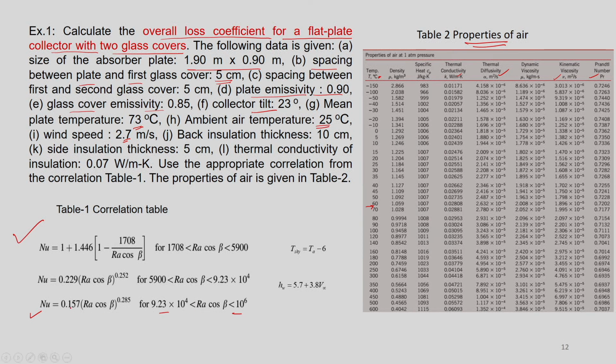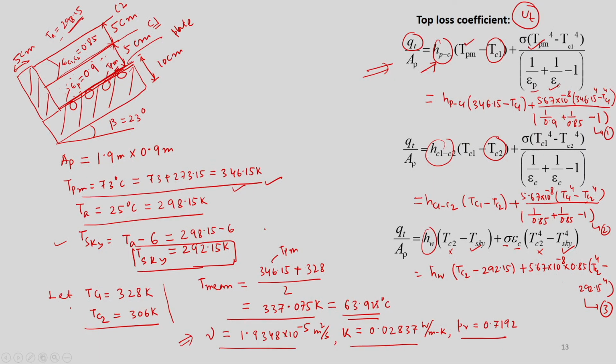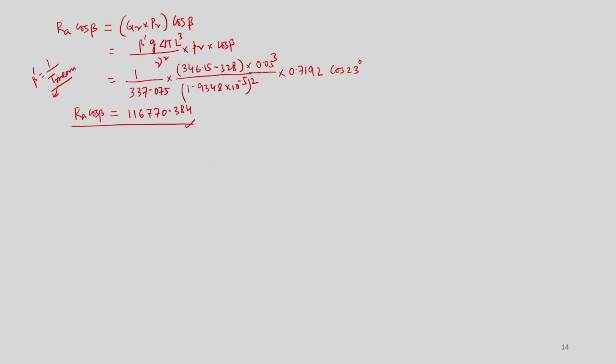So, we need to apply this correlation. Nusselt number is equal to 0.157, then Ra cos beta to the power of 0.285.